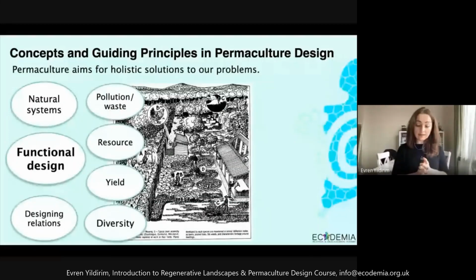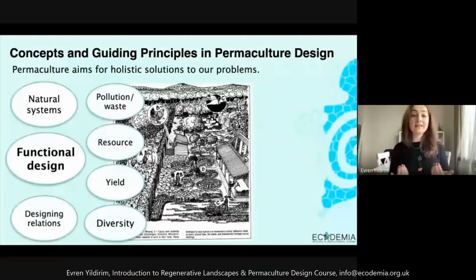We will be talking about it a lot because our primary interest as permaculture designers is in the relationship between elements that we use in our designs, the relationships and how they interact with each other. And in this context, we will redefine pollution, waste, resource, and yield. Because in nature, in ecosystems, there is no waste, there is no pollution, there are only resources.